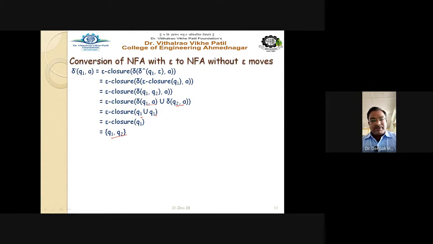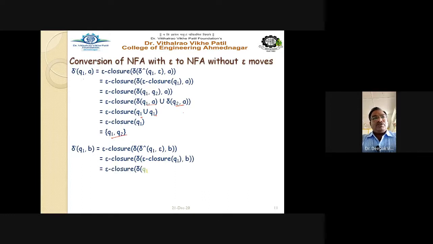This is the significance. Then delta dash q1 comma b is nothing but e closure of delta cap q1 comma epsilon comma b, that is equal to e closure of delta e closure q1 comma b, that is equal to e closure of delta q1 comma q2. E closure of q1 is nothing but your q1 q2, and now q1 b and q2 b, these are the two transitions we have to find out here.